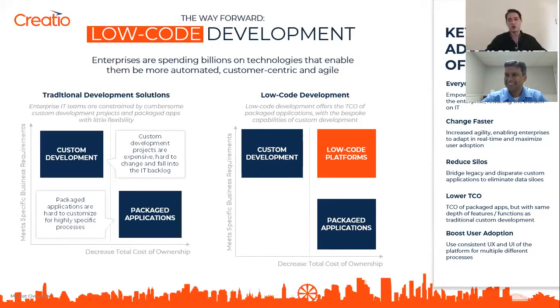And where a low-code platform really shines when compared to the two traditional approaches is really being somewhere in the middle, right? Having the option to use pre-built modules, pre-built components, pre-built functionality and apps, also highly configurable, highly customizable, right? Where anything can be really tailored towards the needs of the business, right?